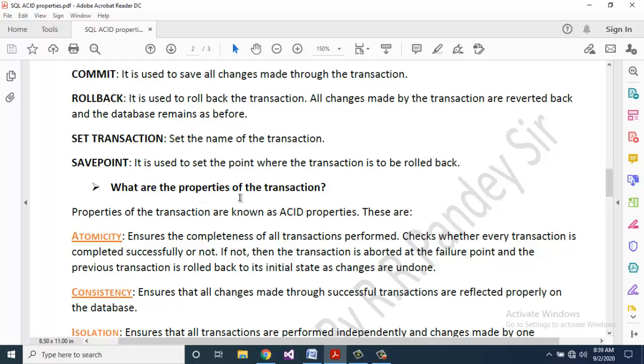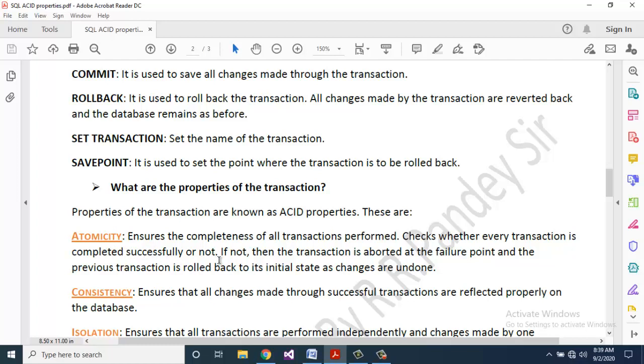What are the properties of transaction? Properties of transaction are known as ACID properties. These are atomicity, ensures the completeness of all transactions performed, checks whether every transaction is completed successfully or not.